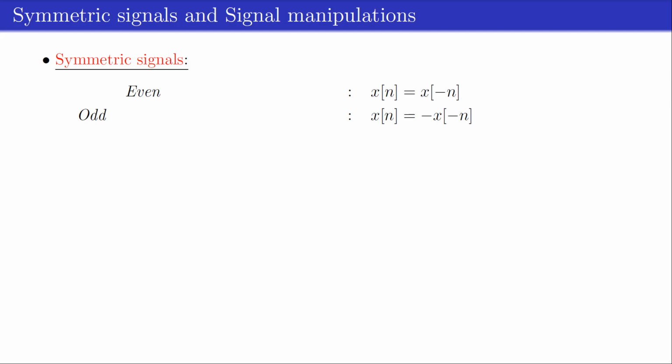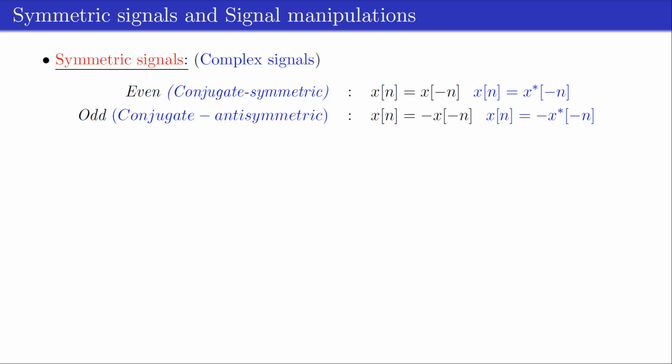For complex signals, the symmetries of interest are slightly different, namely, a complex signal is conjugate symmetric if for all indices n, x[n] is equal to x star of minus n, and the signal is said to be conjugate anti-symmetric if, for all indices n, x[n] is minus x star of minus n.